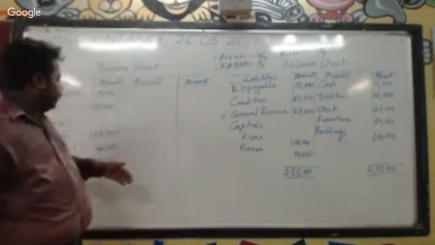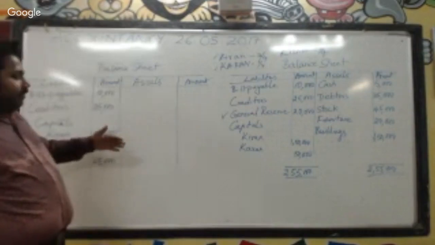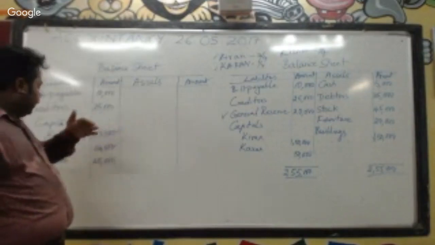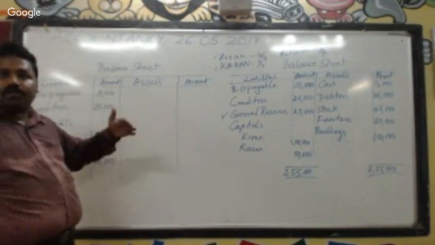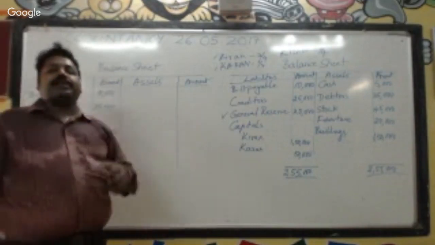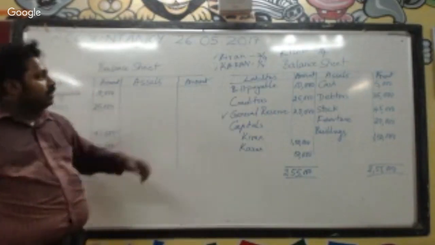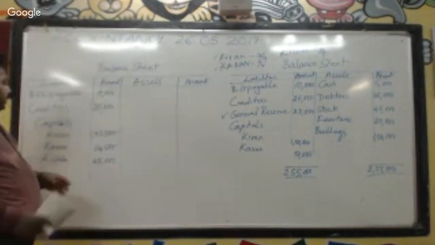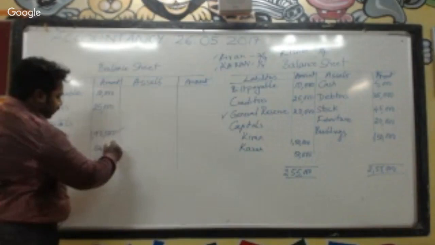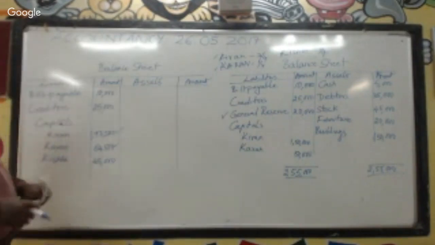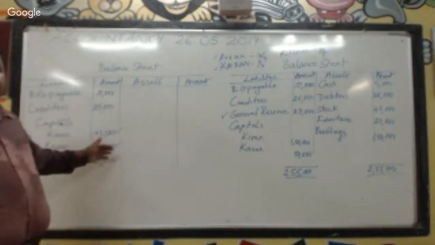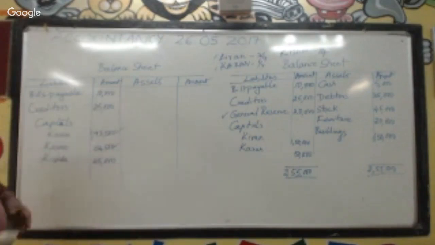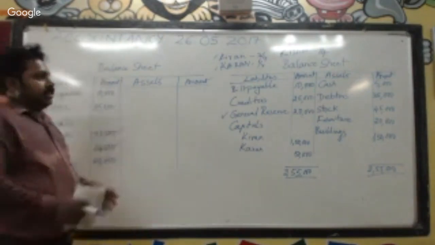So that's the reason why we have given the profits to Kiran and Karan, because they are the old partners and they have a right of sharing the profit and loss in their profit sharing ratio, that is 3:1. So that's why their capital has been increased, that is 1,93,500, and Karan's capital is 64,500.